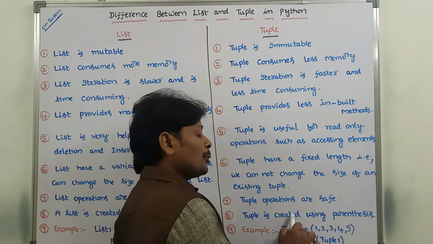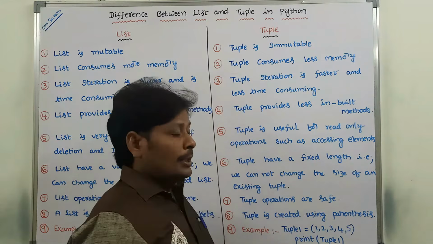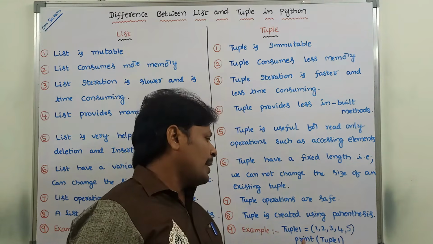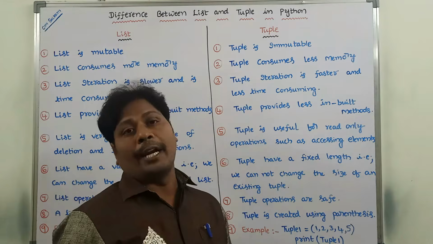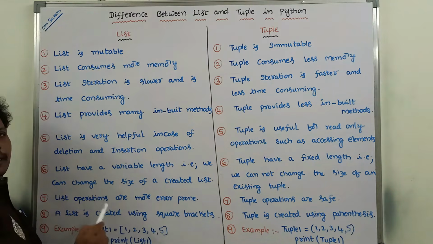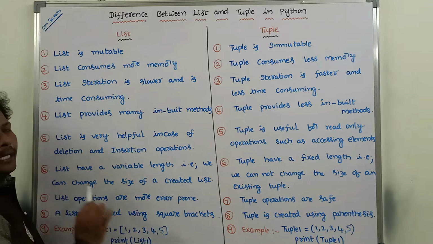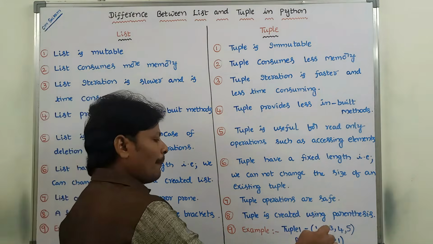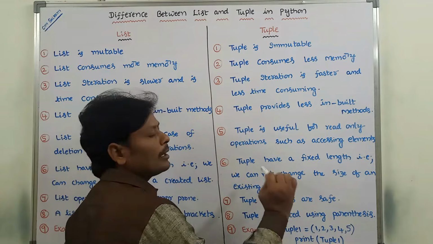Suppose we want to print this tuple1, so we use the statement print of tuple1. So that is how to create a list and print the list, and how to create a tuple and print the tuple.